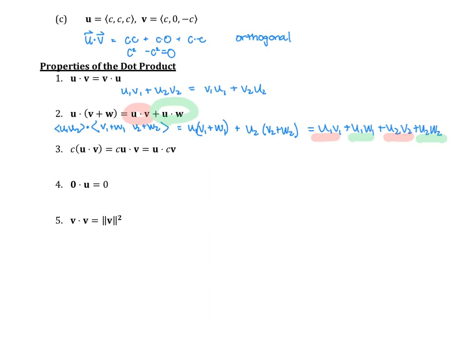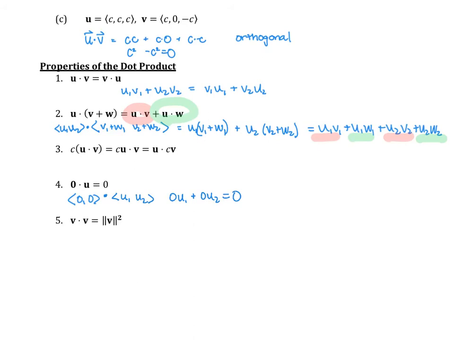The zero vector dot product with u vector. So the zero vector is 0, 0. The u vector is u1, u2. And if I do the dot product of that, I'm doing 0 times u1 plus 0 times u2. So we get 0.